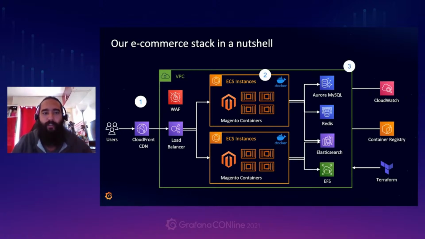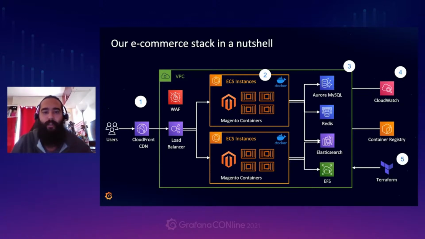Third, we have the data persistence layer, which mostly relies on the managed services on AWS. So for example, RDS, Elasticsearch, and EFS for storing files. And then, of course, there is CloudWatch, which covers some of the monitoring and logging of the whole stack, which we will cover in a bit more detail later on.